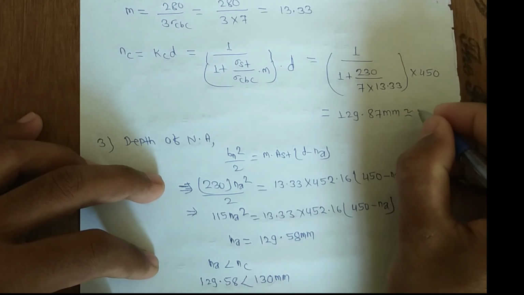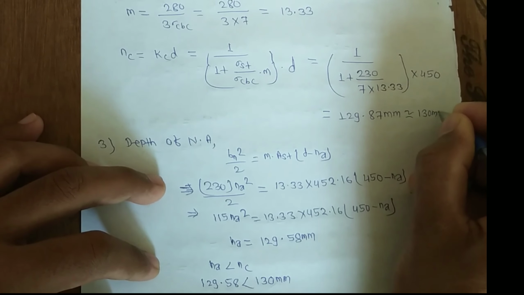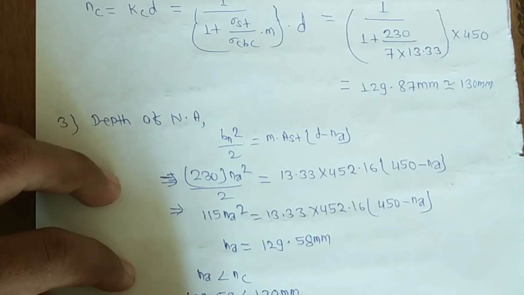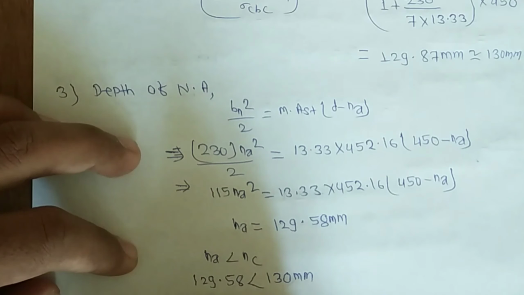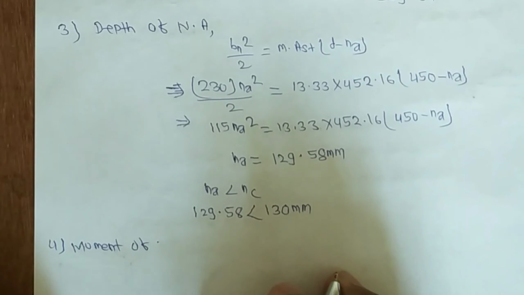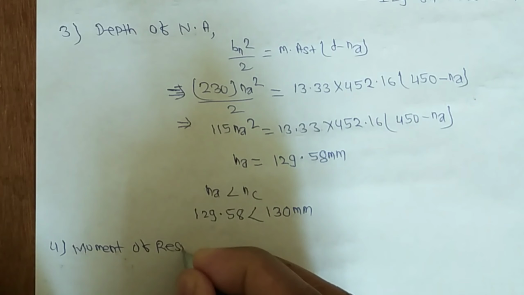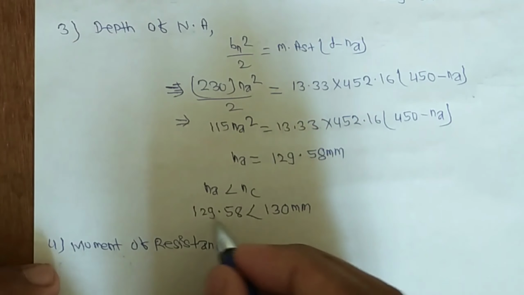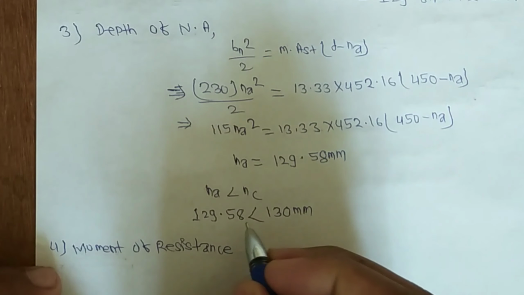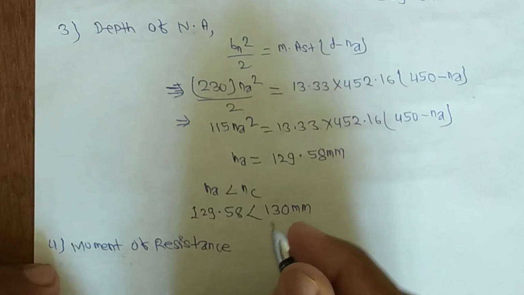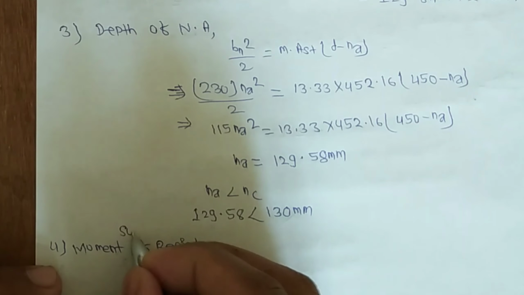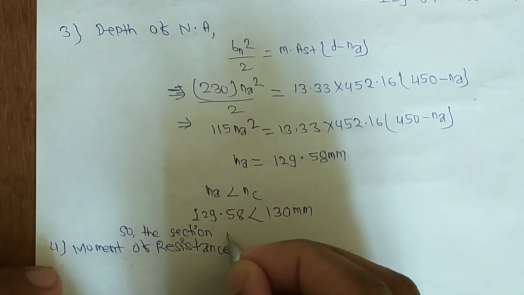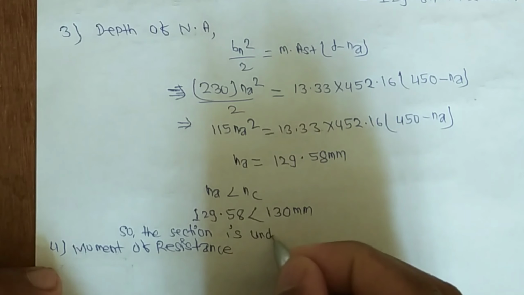Now the fourth thing to calculate is the moment of resistance. Since 129.58 is less than 130, the section is under-reinforced.